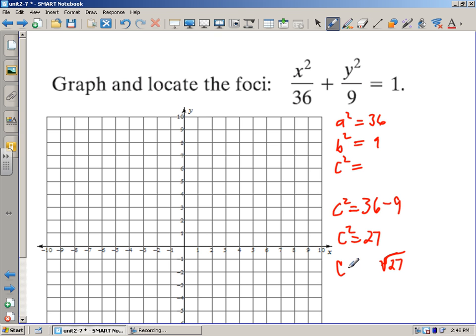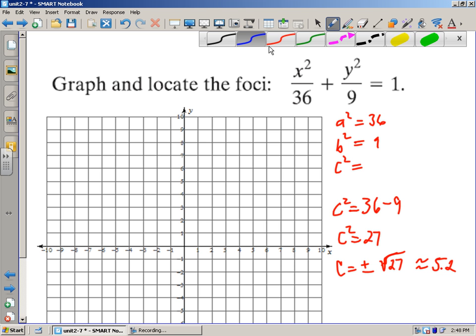So c equals plus or minus the square root of 27, which is approximately 5.2. Alright, I know I'm at the center because, like I said, I don't have h and k to deal with.